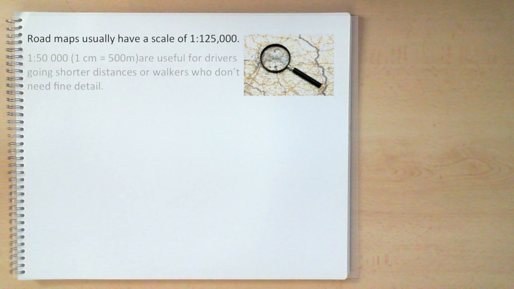As we require more detail from our maps, we get different scales. So 1 to 50,000 would be useful for a driver driving within a town or a city. They'd need more roads and more detail and more landmarks.